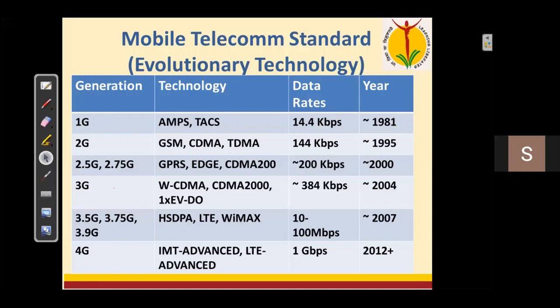At the same time WiMAX was there, because of the need for a high data rate, and that gave birth to LTE also, and HSDPA, High Speed Downlink Packet Access, up to 100 Mbps in 2007. Now the IMT-Advanced and LTE-Advanced system, that is 4G, gives a data rate of 1 gigabit per second.